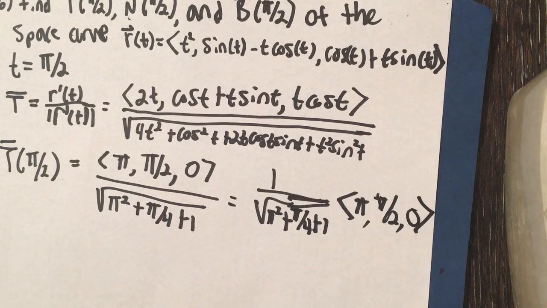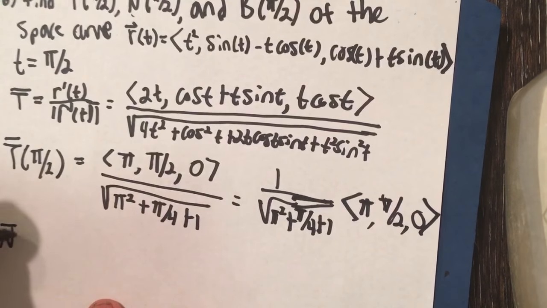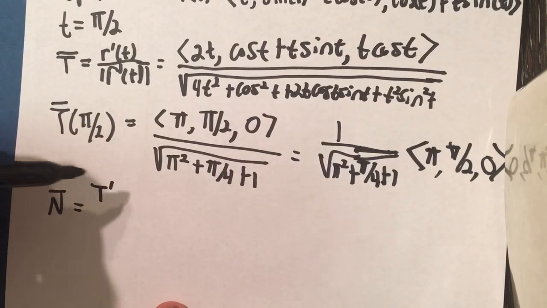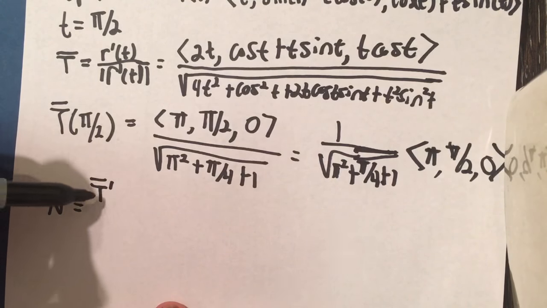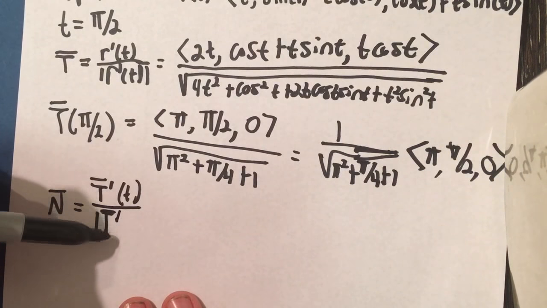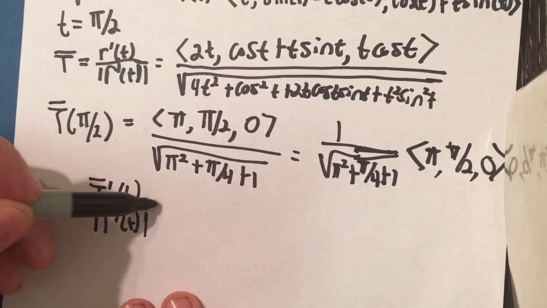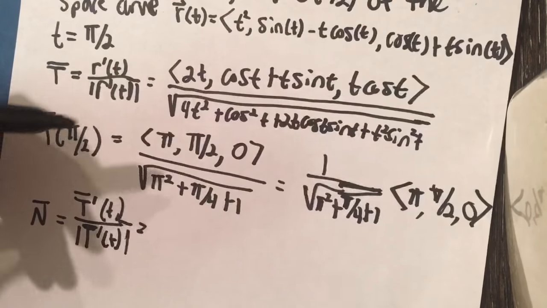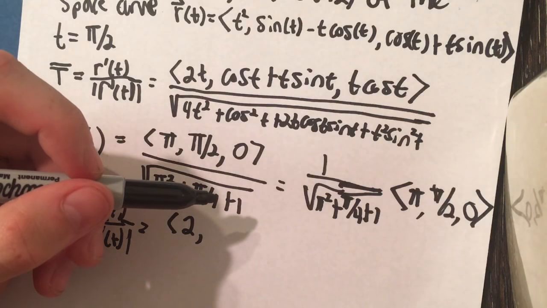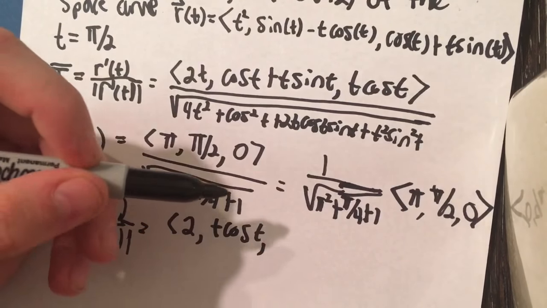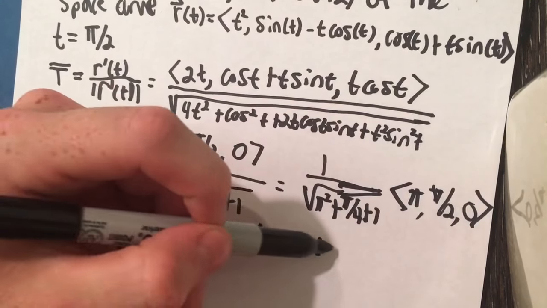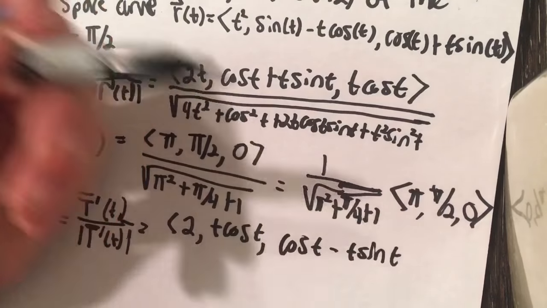Now we're going to find the unit normal vector. The unit normal vector is equal to the derivative of the unit tangent vector, we'll say of t for now, over the magnitude of the derivative of the unit tangent vector. When we take the derivative of the unit tangent vector, we would get 2, t cosine t, and cosine t minus t sine t.